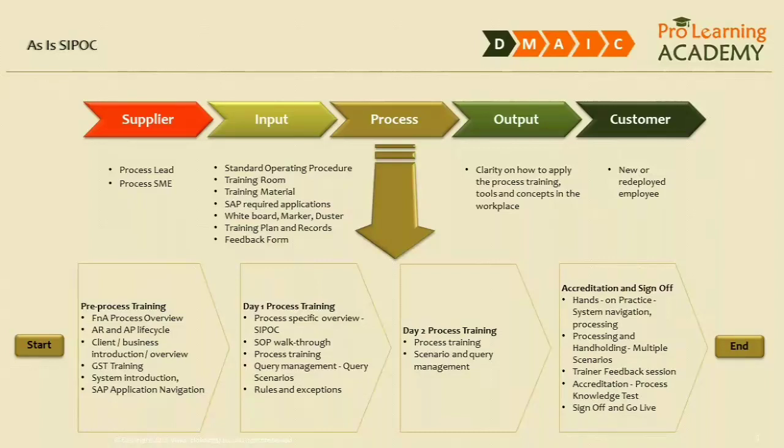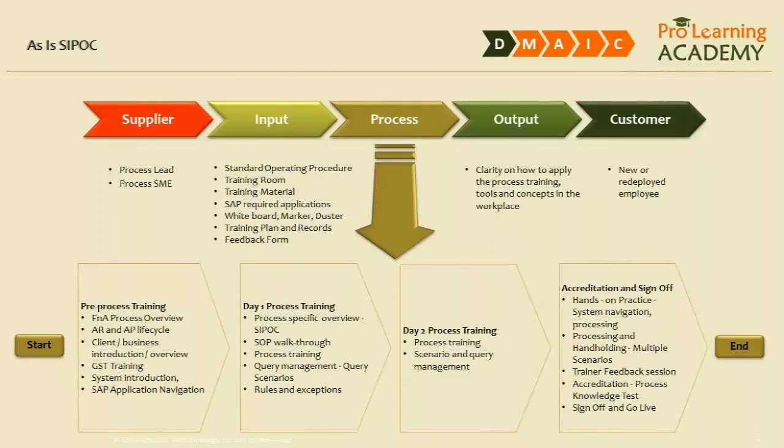That's the start and the end point. So SIPOC is a high-level overview of the process where you understand where it starts from the supplier, where it ends at the customer. But an important aspect of this transaction is to know what are the inputs and what is the output.